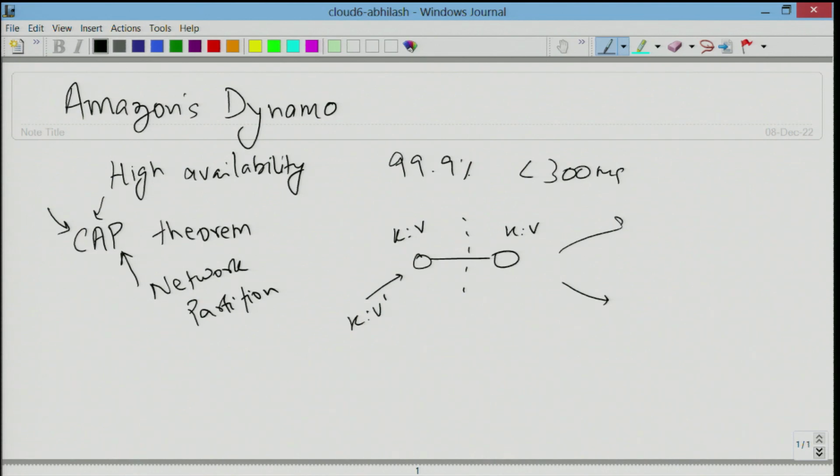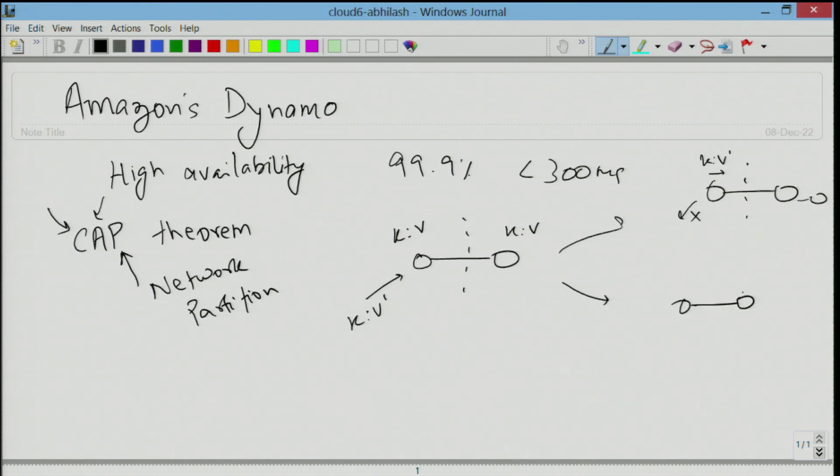To the client I will say failure, because when I was trying to update v prime, I was not able to update my replica. So the system becomes unavailable. It cannot be written. In Raft, this can be the minority side, and the minority cannot accept updates because it cannot form a majority.